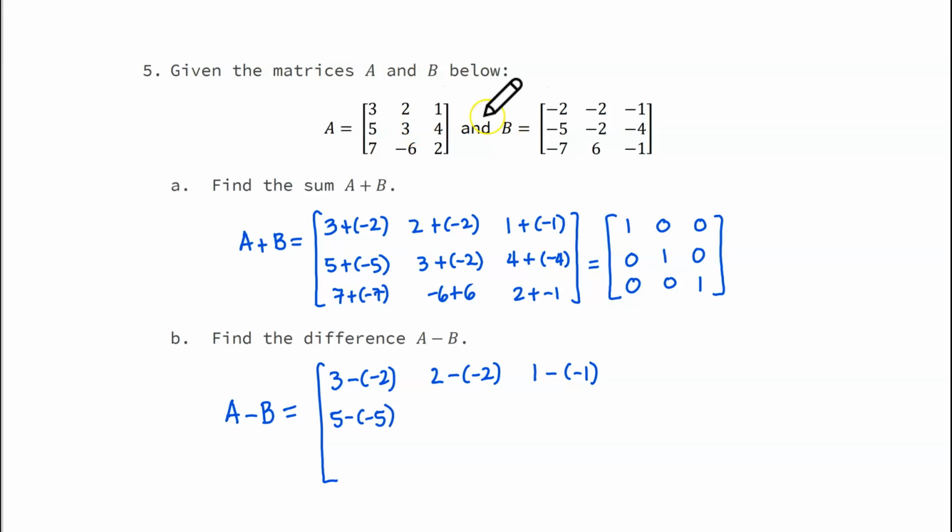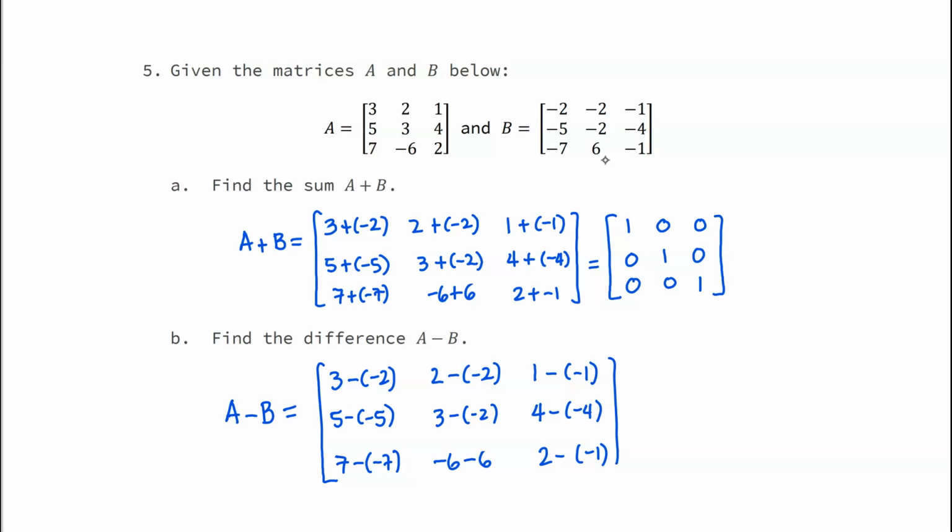And then 3 minus negative 2. And then 4 minus negative 4. 7 minus negative 7. Negative 6 minus 6. And 2 minus negative 1.